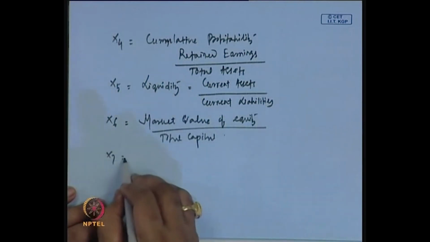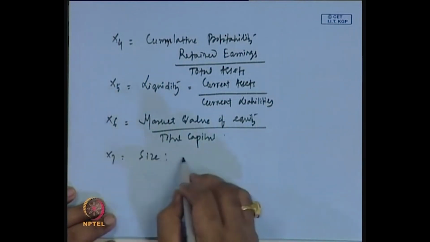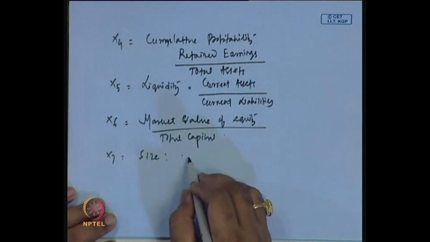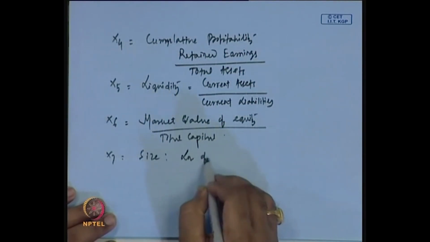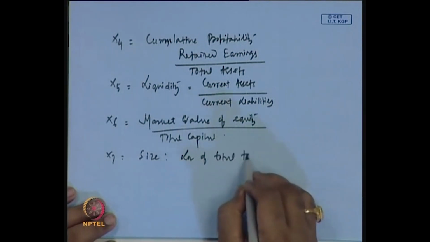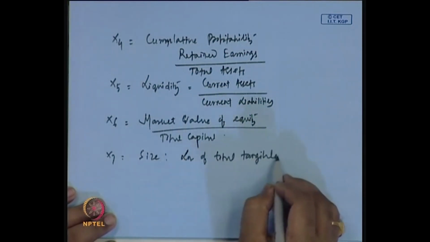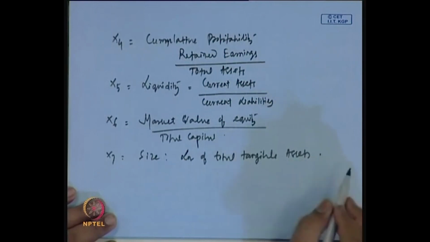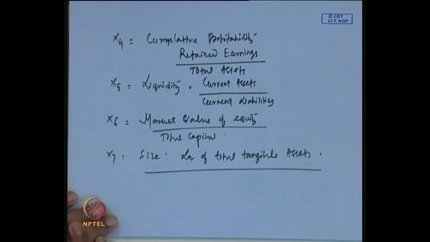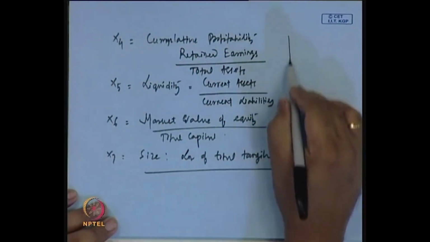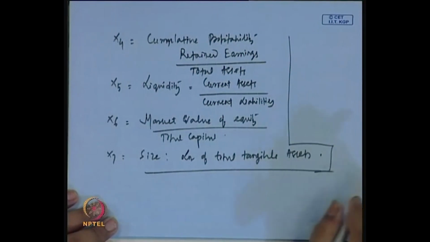Then we have the size of the company, which is basically the normalized or ln of total tangible assets. So, these are the different variables which have an impact on this zeta, or the credit score of the company.